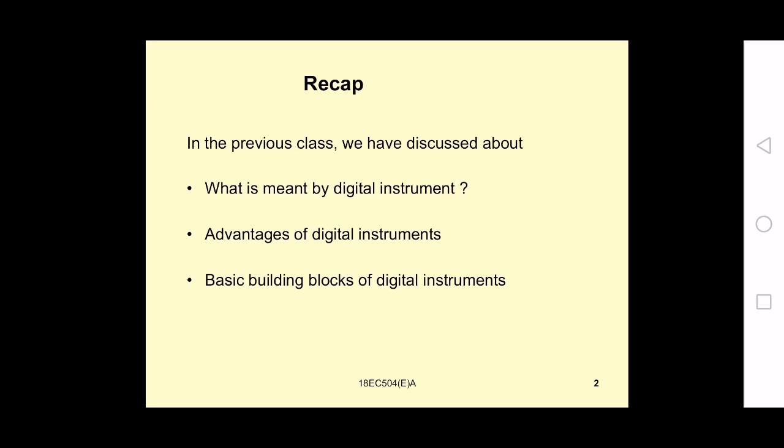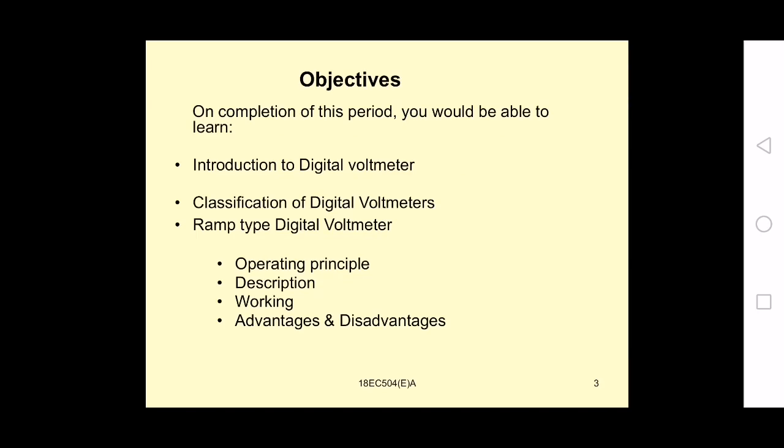The main objectives we are going to cover are an introduction to digital voltmeters and different classifications of digital voltmeters, and finally one type of digital voltmeter, that is the ramp type digital voltmeter. Of the ramp type digital voltmeter, we will discuss the operating principles, description, working, advantages and disadvantages in today's class.